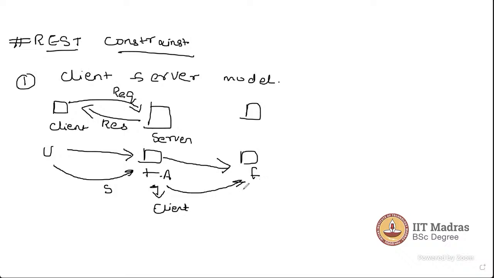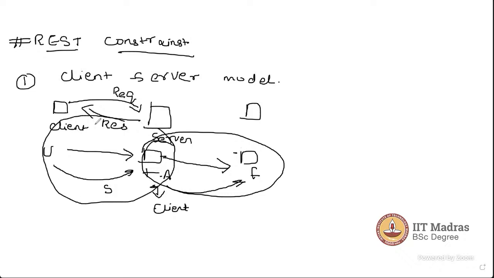So an application can function as a client and as a server, but it has a specific kind of request and response cycle. It must assume the role either as a provider or acceptor. So here in this request-response cycle, this is the client, this is the server.